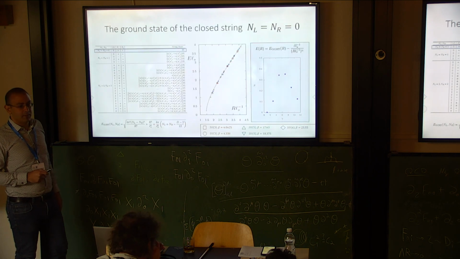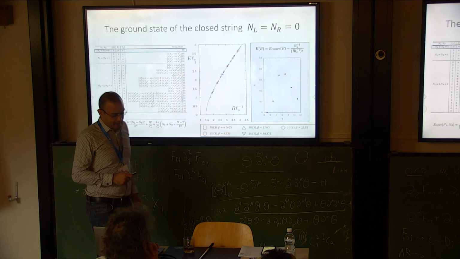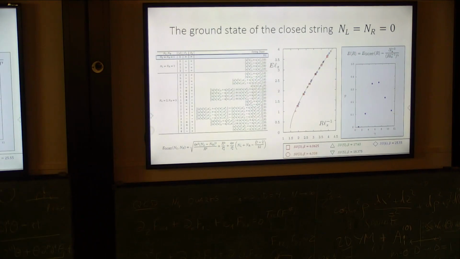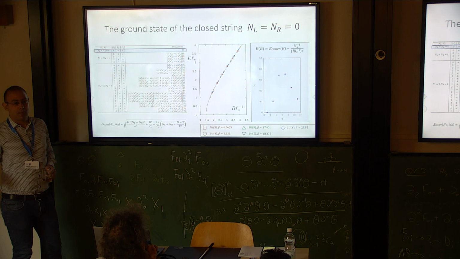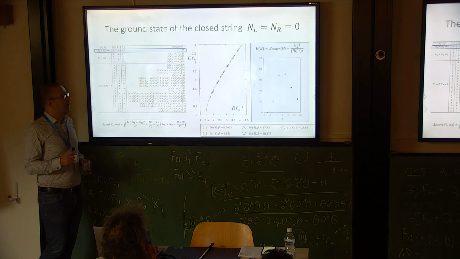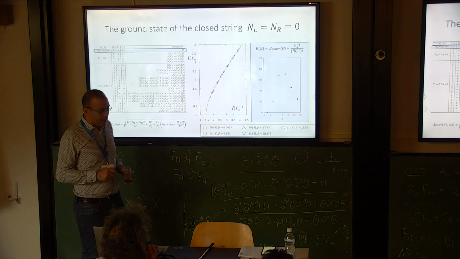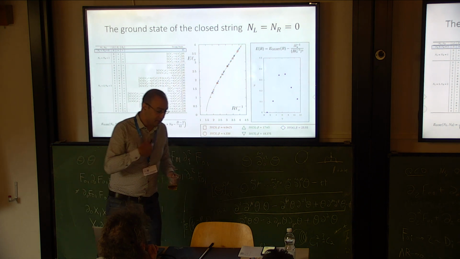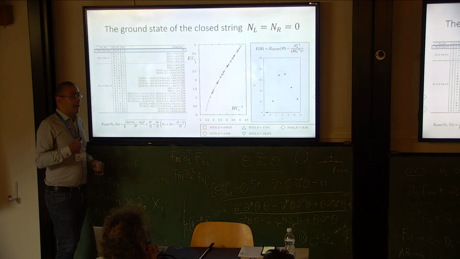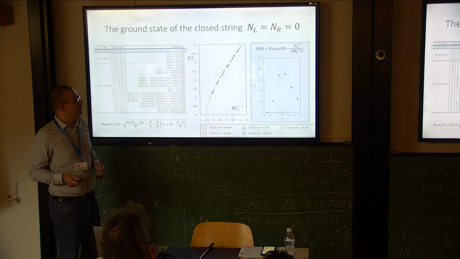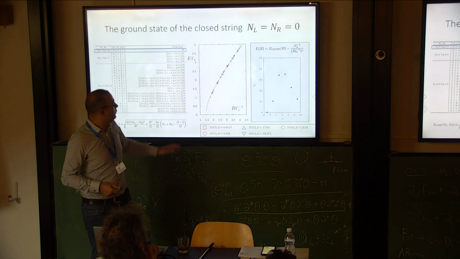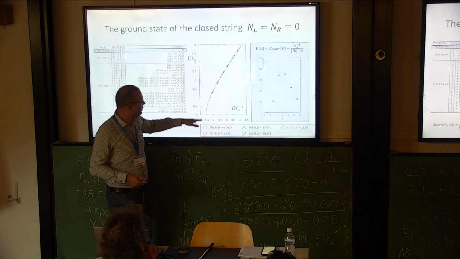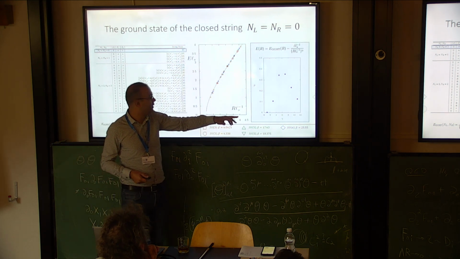Let's go and see some results now. Let's see what happens with a closed string, the absolute ground state that corresponds to n left equals n right equals 0. The only information we can get out of these results is the leading correction to Nambu-Goto. The way to do that is to fit the data. Here I provide data for SU3, SU5, and SU6.